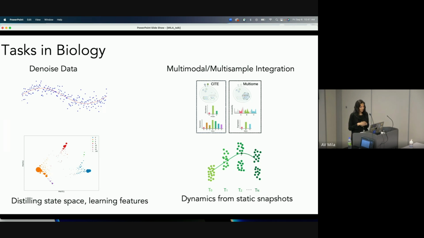I'll be talking a little less about this, but the main thing I'll be focusing on is this task of learning dynamics from static snapshot data. So the cellular measurements, for example, which is what I'll talk about, when you measure those cells, they all unfortunately die because, among other things, you have to break open the cell to get all the transcripts.